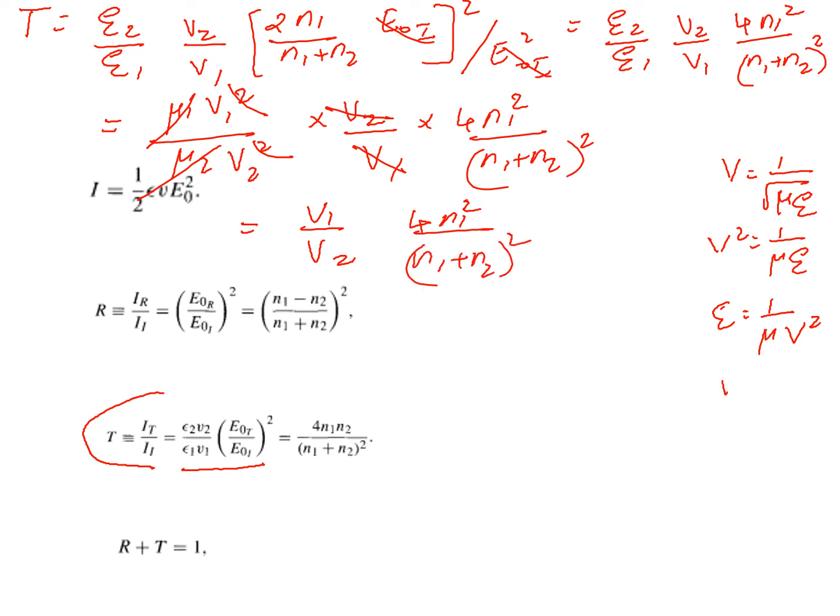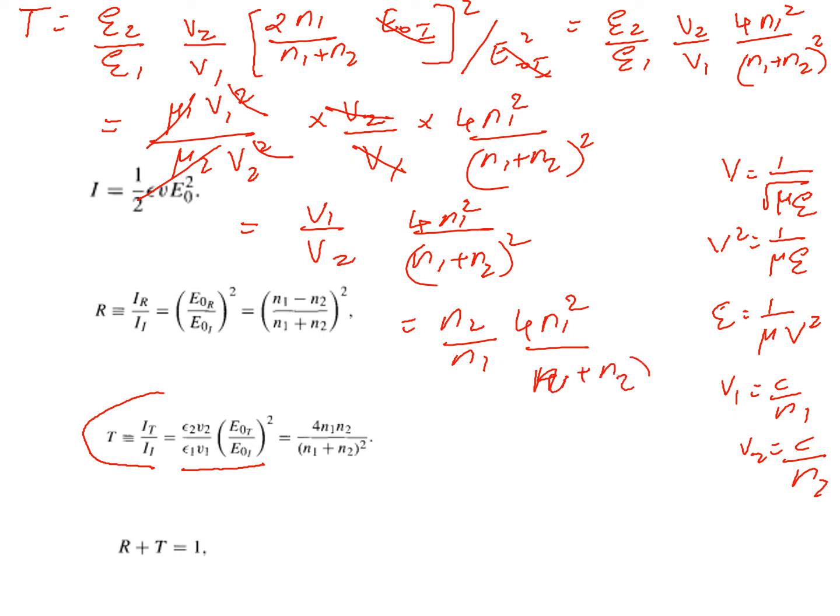Now, V1 is equal to C by N1, and V2 is C by N2. So instead of V1 by V2, you can write N2 divided by N1 times 4N1 square divided by N1 plus N2 whole square. Now one of the N1 cancels. That is why we get this expression, 4N1N2 divided by N1 plus N2 whole square.